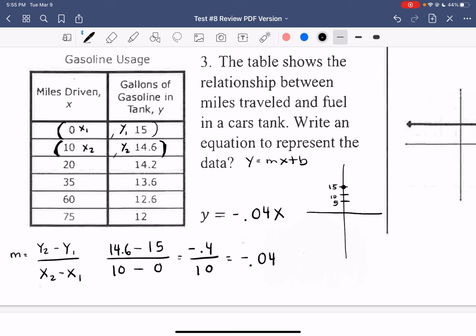So this first point, this right here, is what the y-intercept is, and that's at a positive 15, so I can put that into my equation right there. Y equals, I should probably erase. Okay, y equals negative 0.4x plus 15.